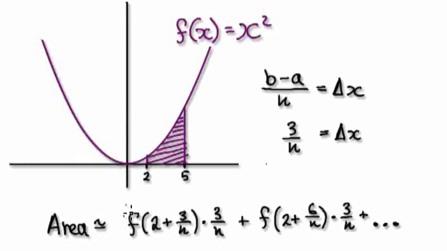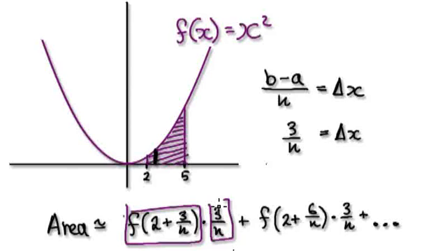So this here is the height of our first rectangle, and this here is our delta x, the width of our first rectangle. When you get the height of the first rectangle times the width, that will give you the area of our first rectangle.